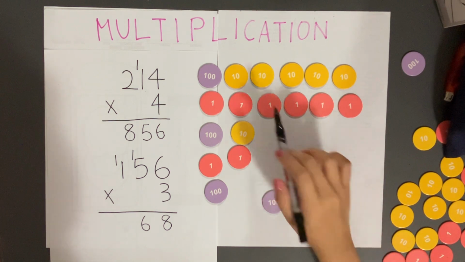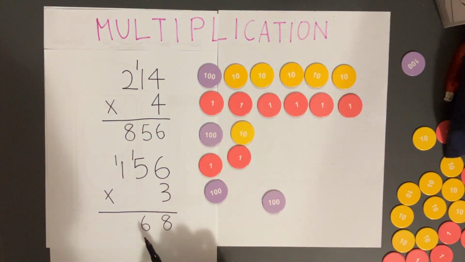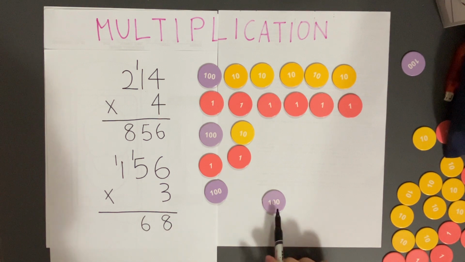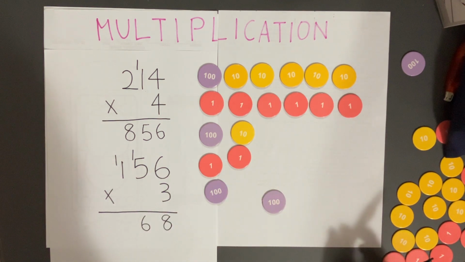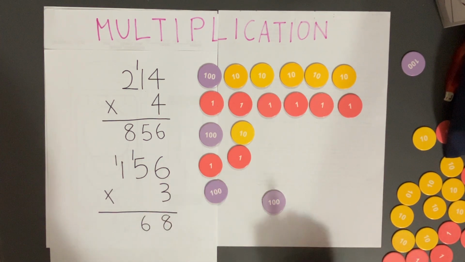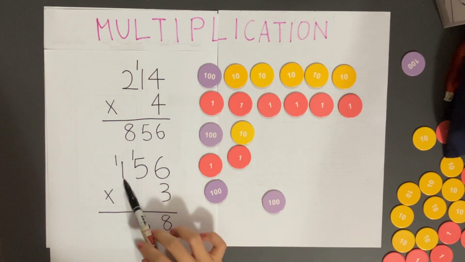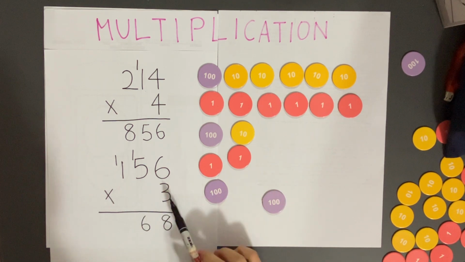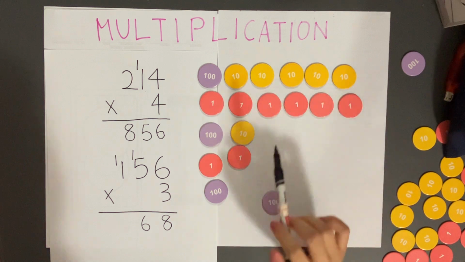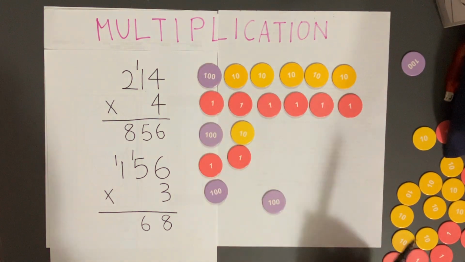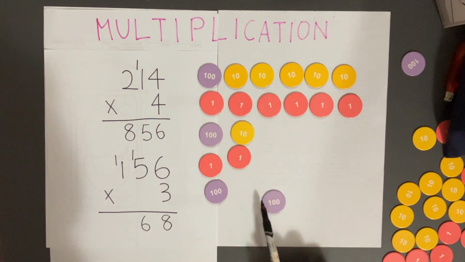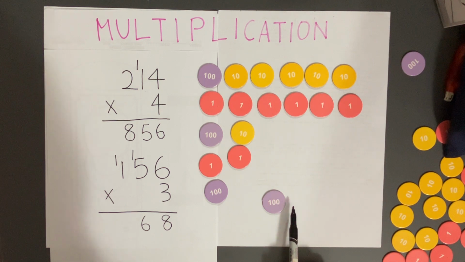Okay, so let's check. 1, 2, 3, 4, 5, 6 tens. And now I have an extra 100, which I put in my hundreds column. Okay, and now how do I find the hundreds? 100 times 3, because each group had 100, remember? I have 1, 1, 1. And then I need to add the extra 100 that I got from my renaming.